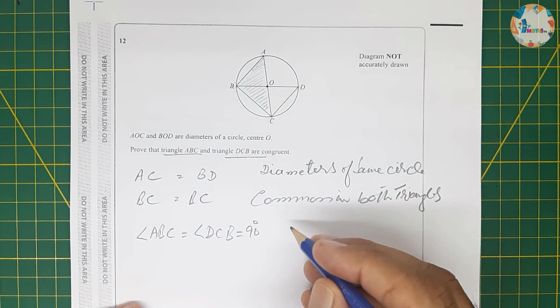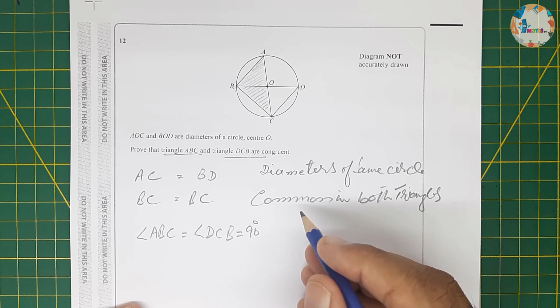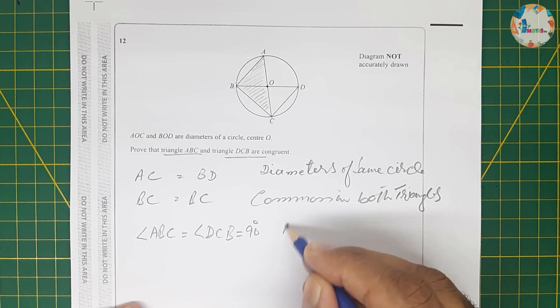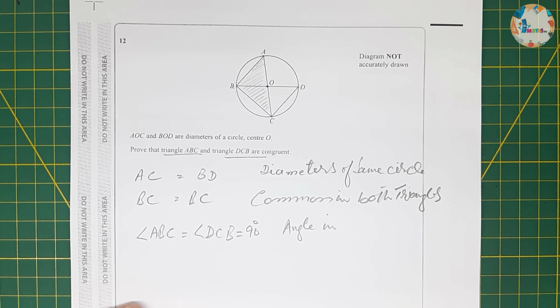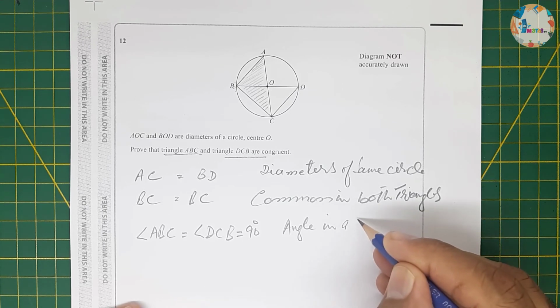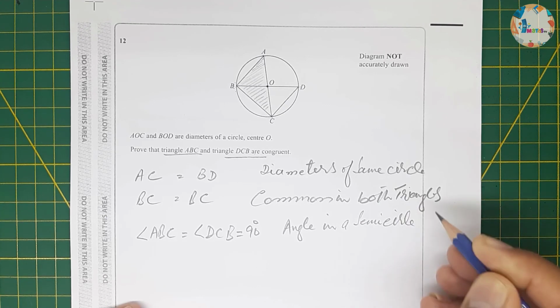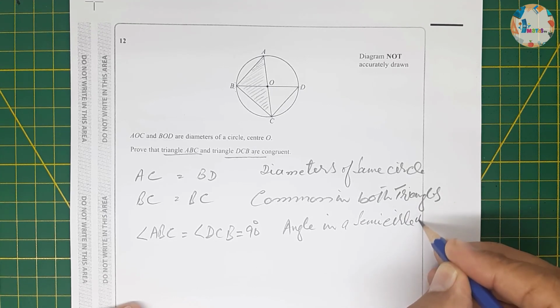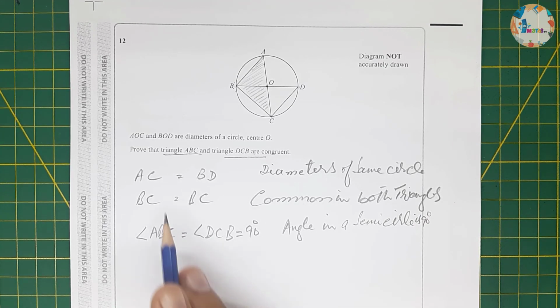So we can write angle in a semicircle is a right angle, angle in a semicircle is 90 degrees, right? So this is done. So two sides are congruent.